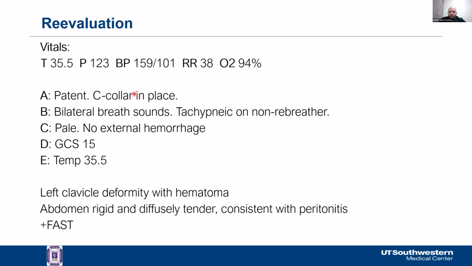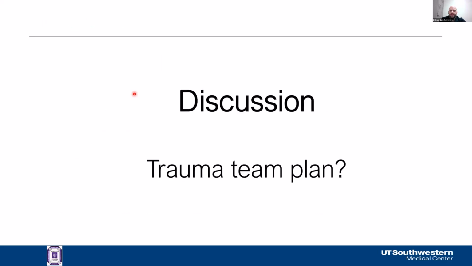There was a clear deformity on his left clavicle. Now the patient was peri-agonal with a positive FAST. With these changes in his exam, MTP was activated, ROTEM was ordered, and now we need a plan. What should happen next in this patient? Dr. Ochman, your comments?